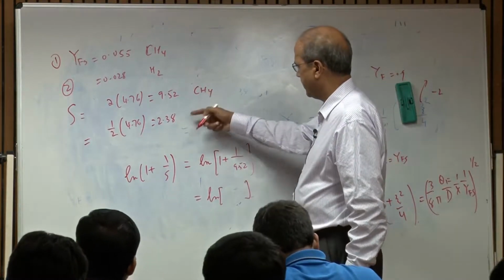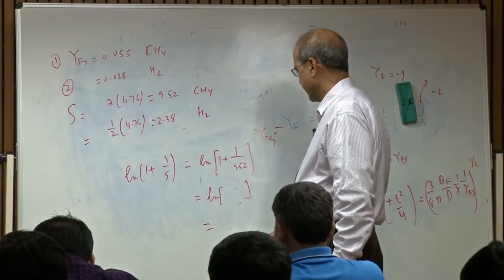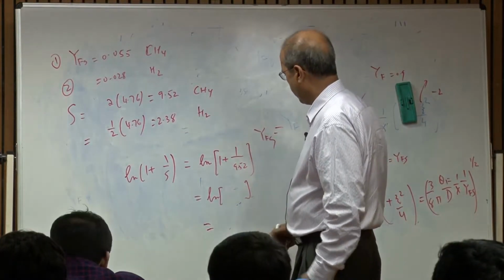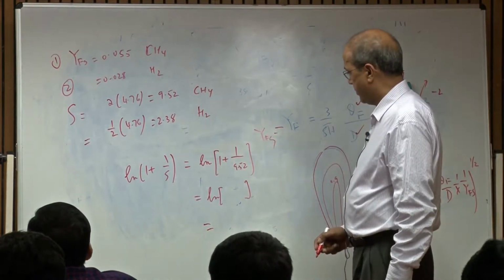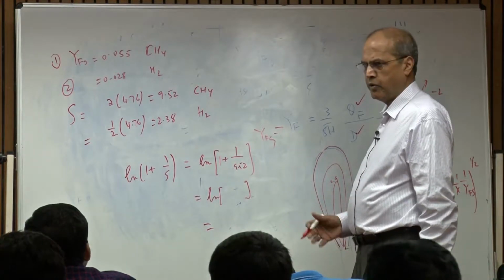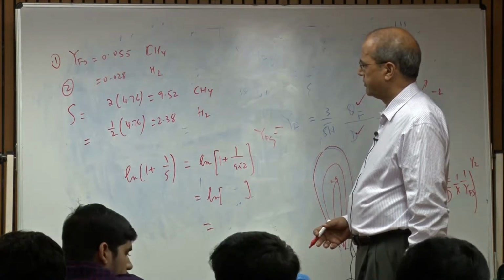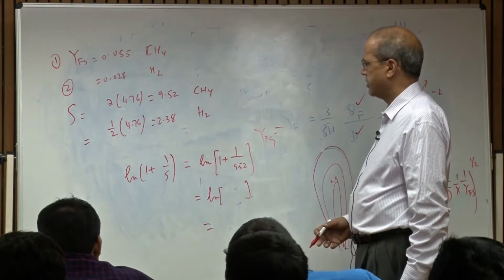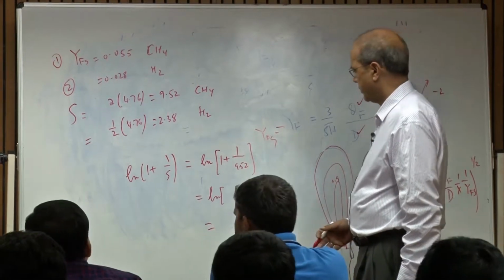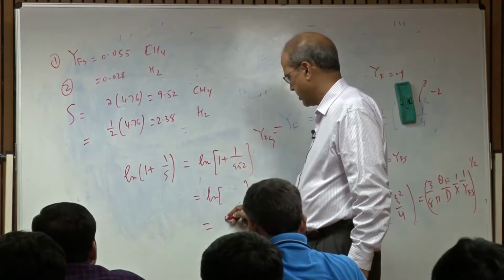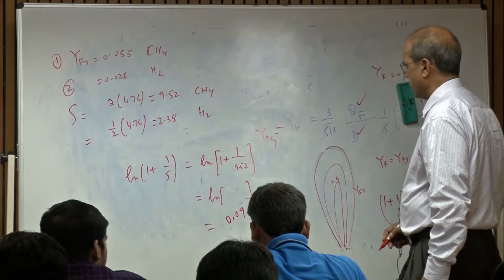So we have two cases, methane and hydrogen. Let's write the values for these. For methane, this is about 0.09.